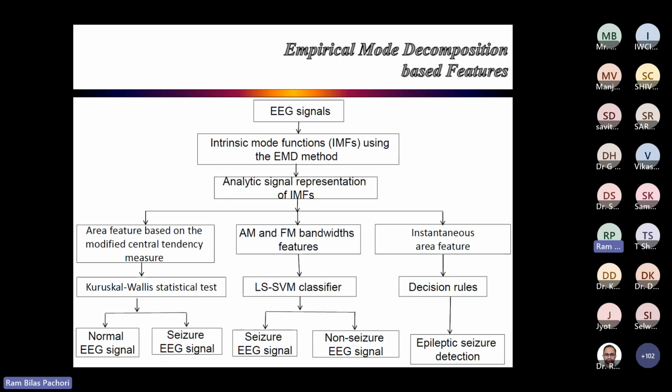But sinusoidal functions in the Fourier transform have parameters, amplitude, frequency and phase, that do not change with time; they are constant. Such basis functions are not suitable for representing non-stationary signals like EEG.